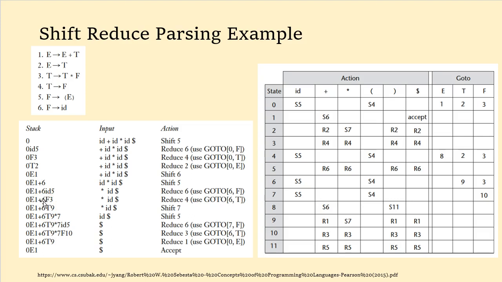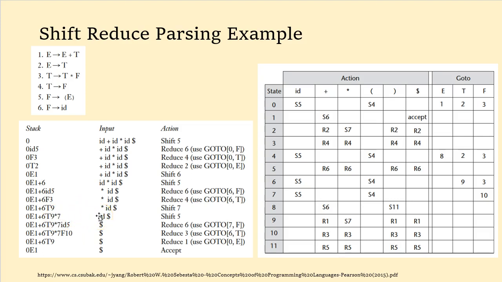The 6 is exposed when I remove the F 3. And pushing a T in state 6 says go to state 9, so that's why it's 6 T 9 at the end. With 9, if I see the multiplication sign, 9 multiplication sign says shift 7, so I shift the multiplication sign onto the stack, and now I'm in state 7.